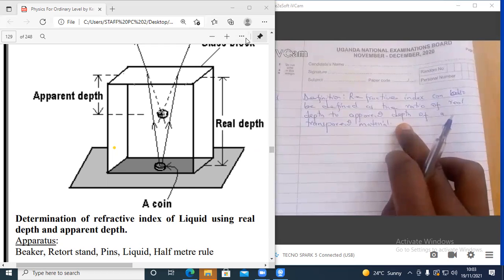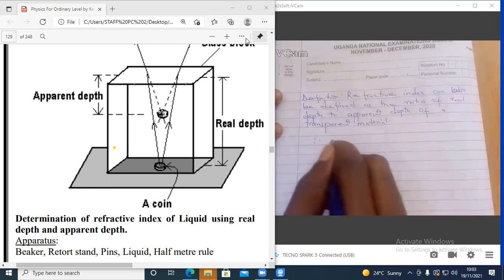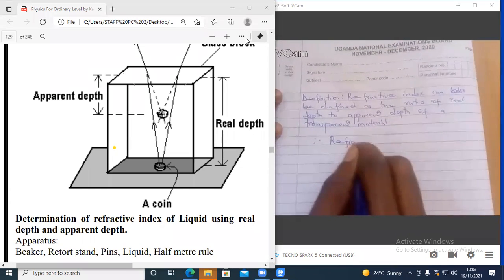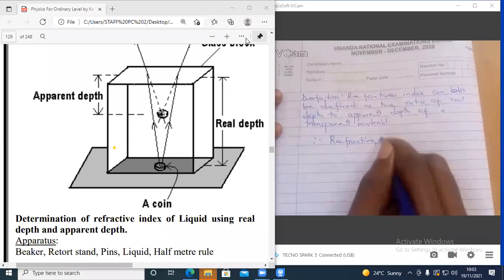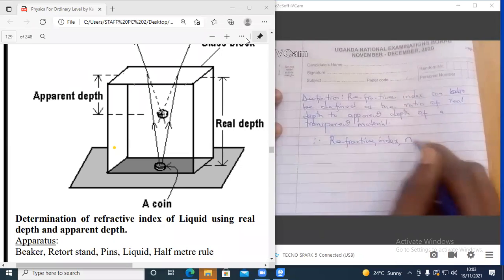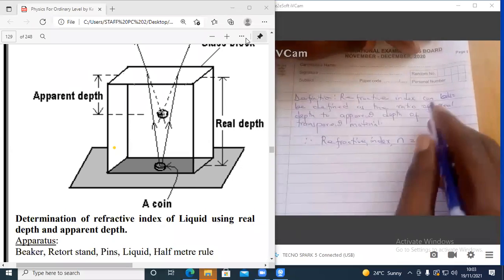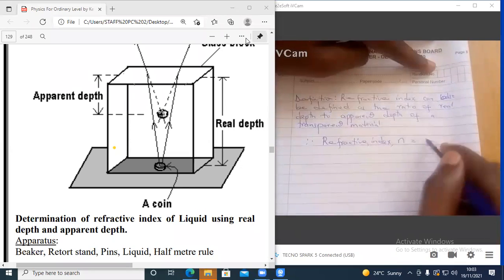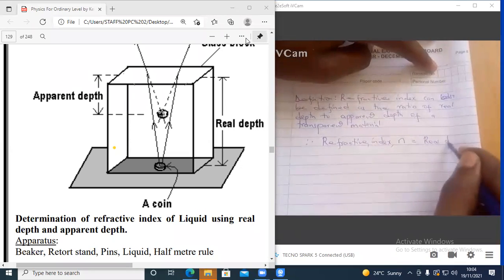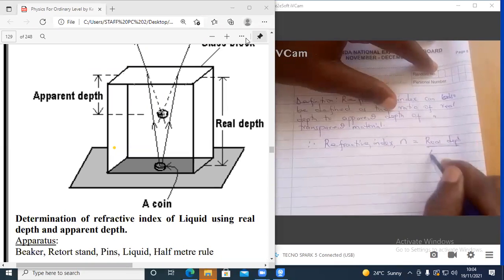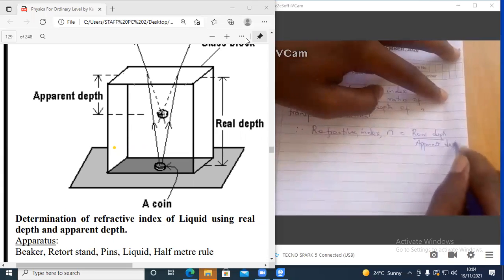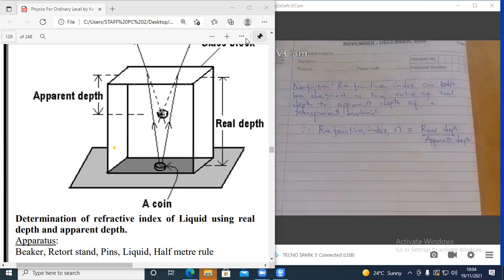So now we can say, therefore, refractive index n is equal to the ratio of real depth to apparent depth. Real depth over apparent depth. As simple as that.